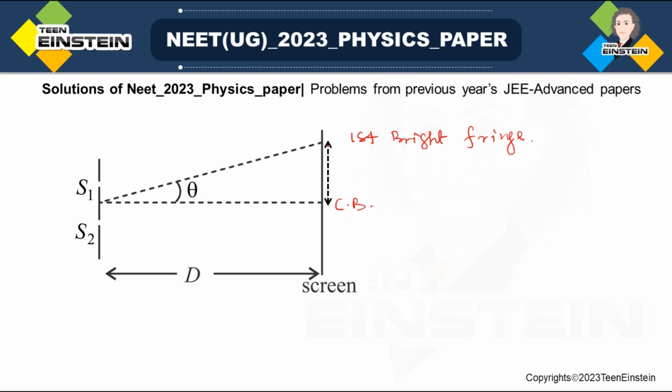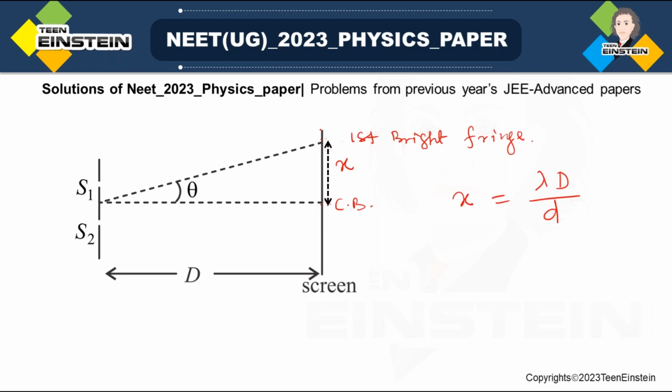And this distance is generally denoted by x. We know x is lambda capital D by small d. If you don't know, you have to go for the derivation and see that. So this is the linear distance between the central bright fringe and the first fringe.